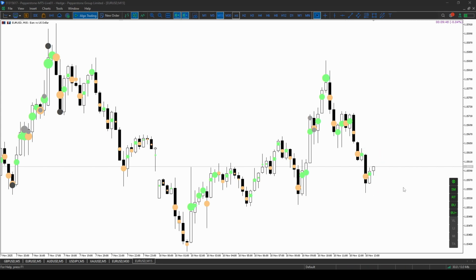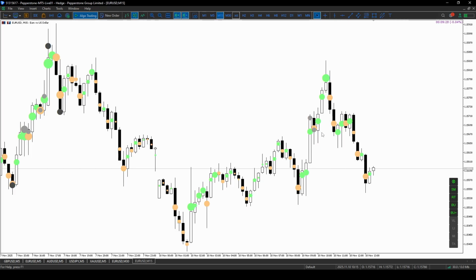If I mouse over this candle, you can clearly see small trades. So that's why we should avoid using candlestick patterns, because they give us false signals most of the time. If we follow or look at the volumes, things are more clear, you know.